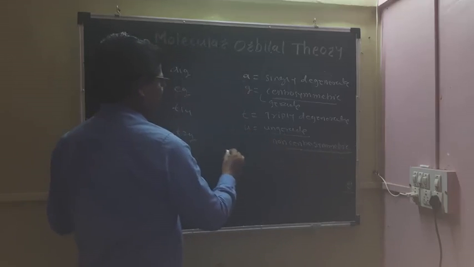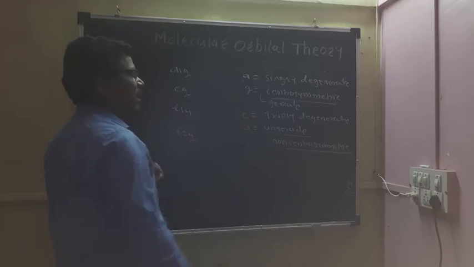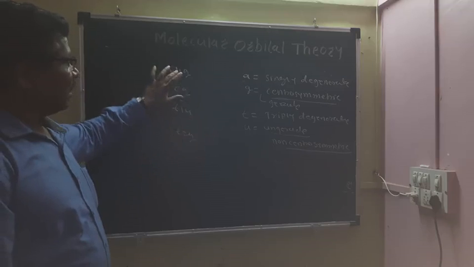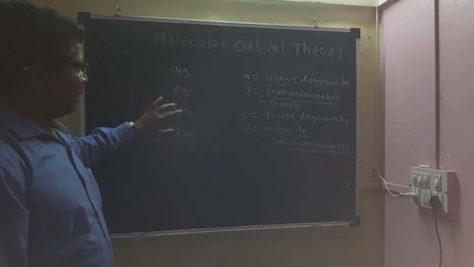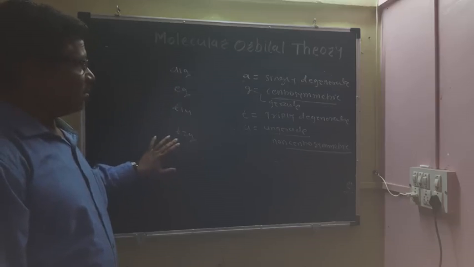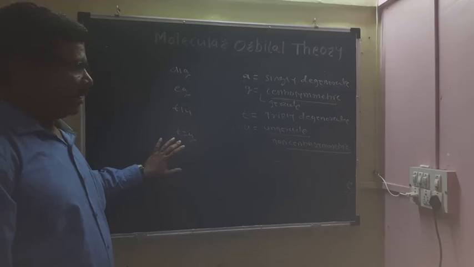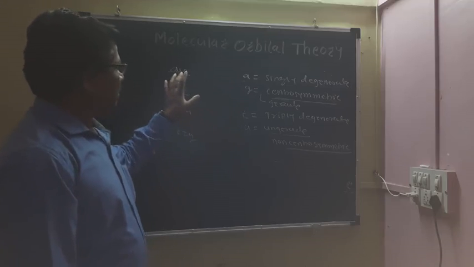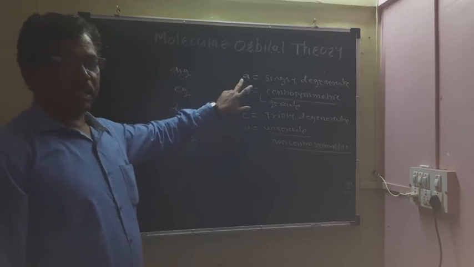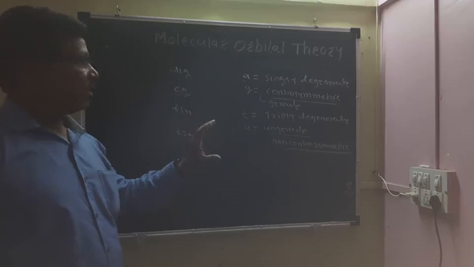Remember, in the molecular orbital diagram we have A1g, Eg, T1u and T2g, a total of 9 atomic orbitals of the central metal atom or ion. A1g means singly degenerate, only one orbital.